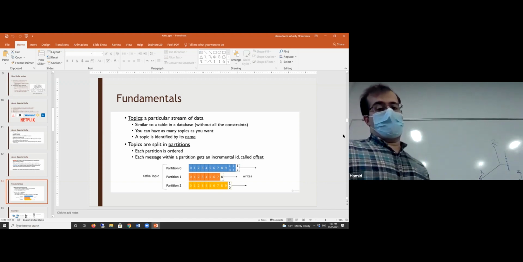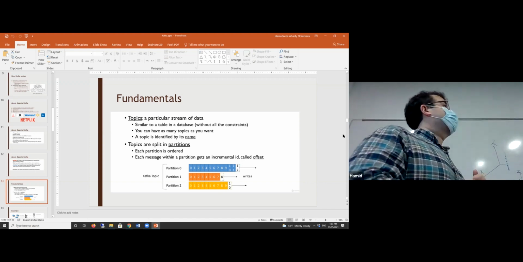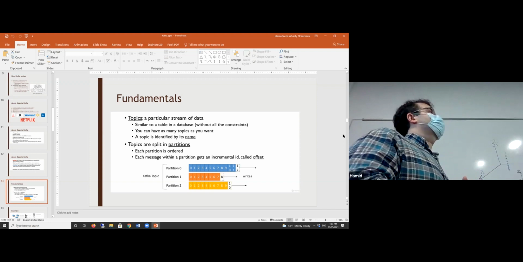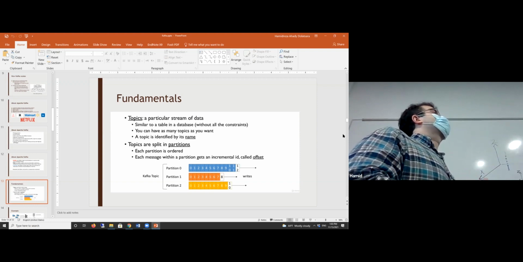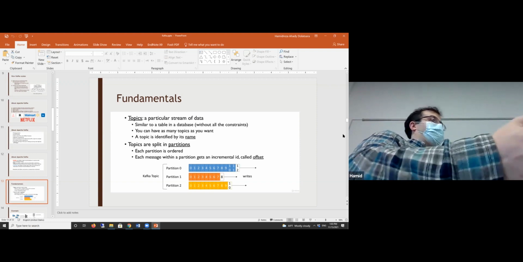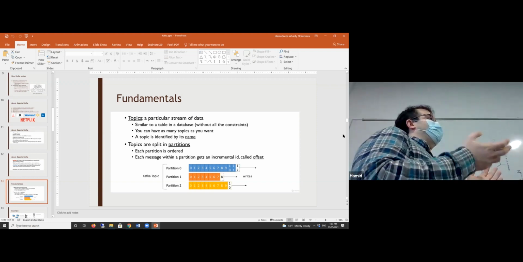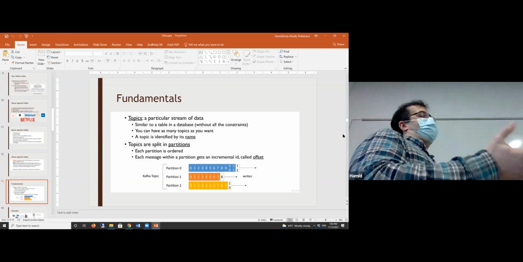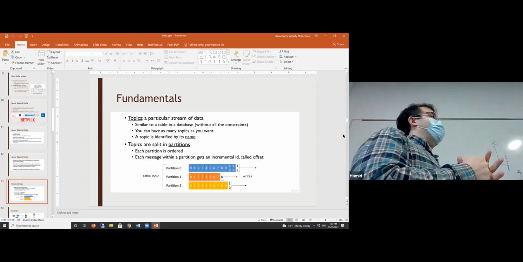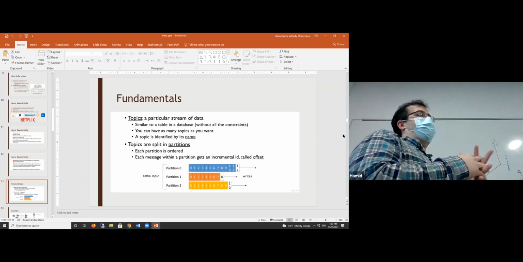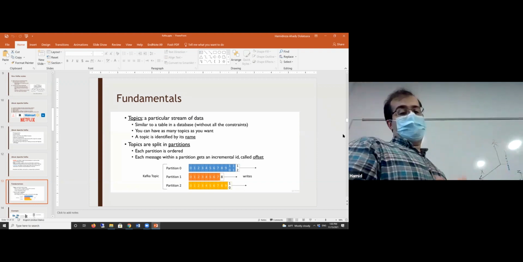So let's talk about some technical terms. This project was developed separately at first, and then they merged together under the Apache umbrella. So you might see several technical terms. First, topics.